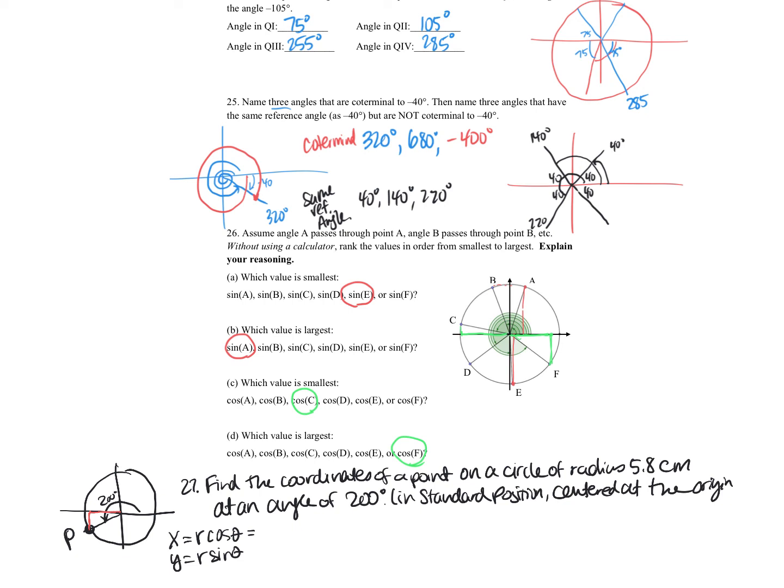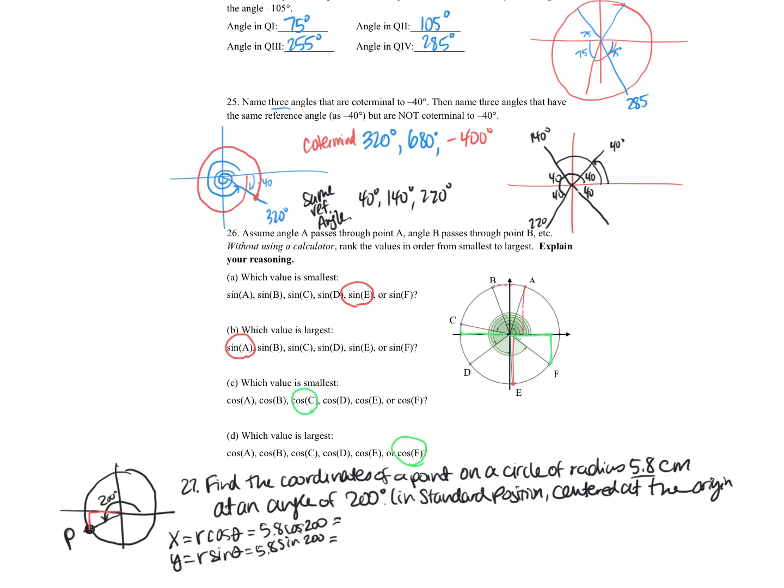The radius there is 5.8, and the theta is 200. When I plug these into my calculator, I want to make sure that I am in, sorry, not radian mode, I want to be in degree mode because that angle is measured in degrees.